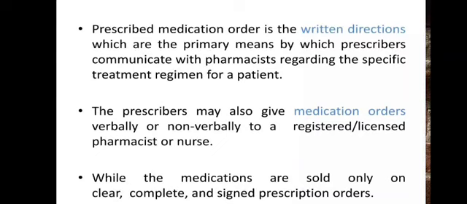The prescribers may also give medication orders verbally or non-verbally to a registered and licensed pharmacist or nurse. While medications are sold only on clear, complete and signed prescription orders.